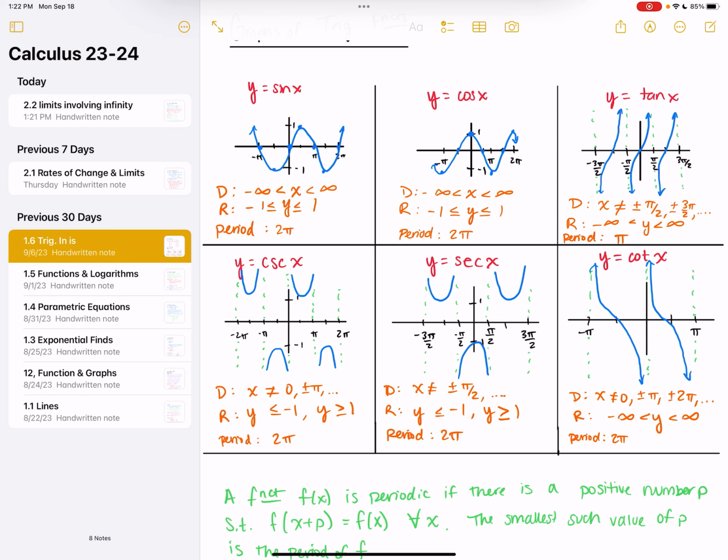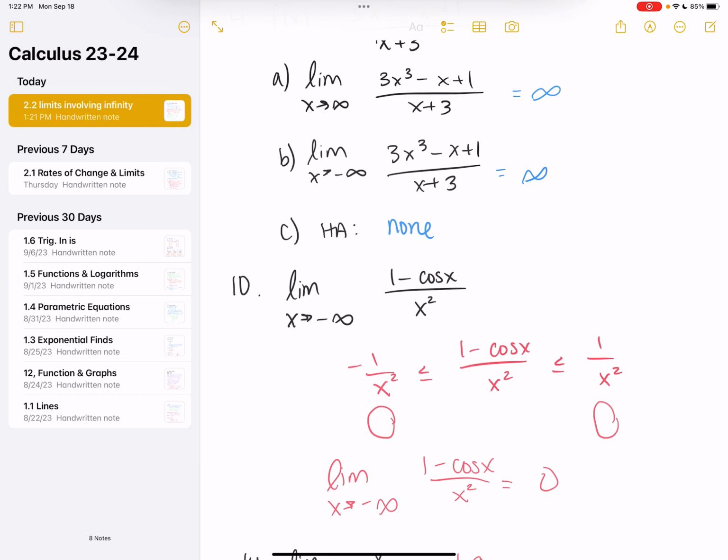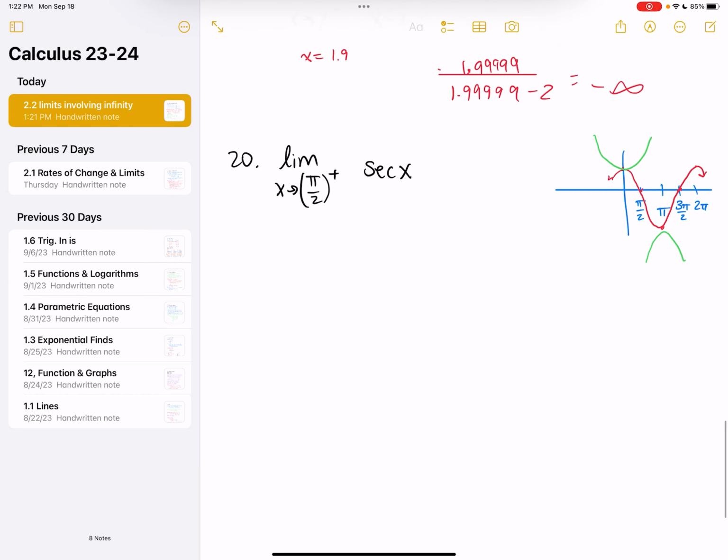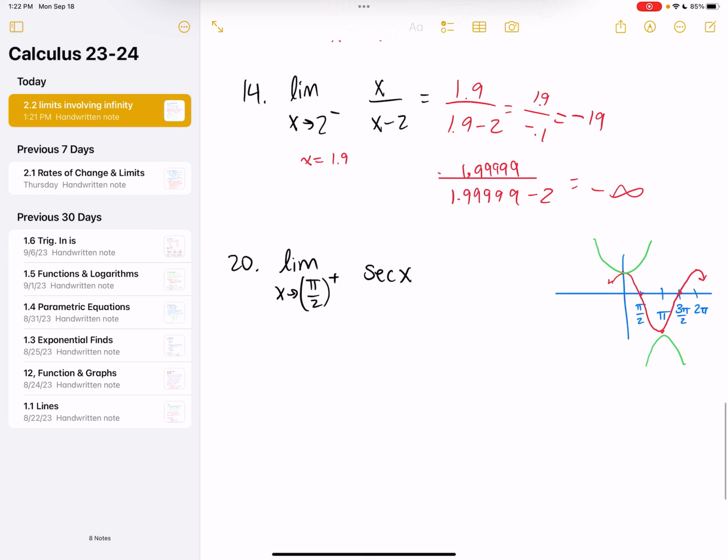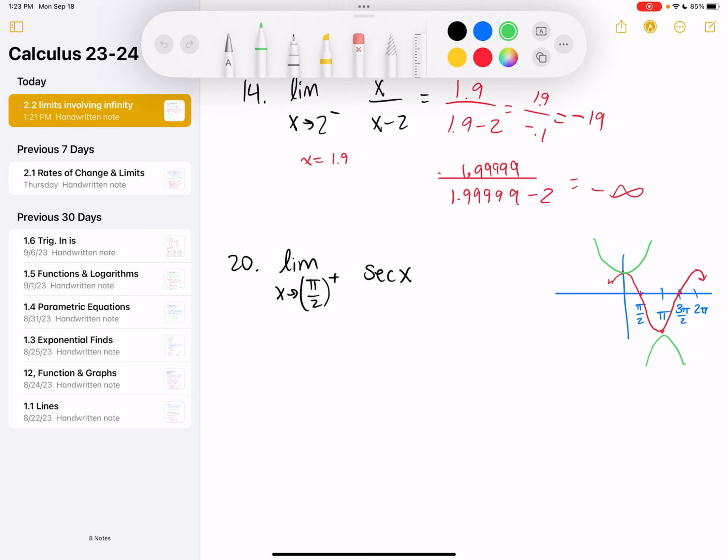So we wrote them wrong in the notes. Okay, well, we'll correct that later. This is what this should look like. That's why I was like, something's not right. Okay, so at pi over 2, there would be an asymptote. I just need to remember to go back and fix that because that means that all the graphs are wrong.